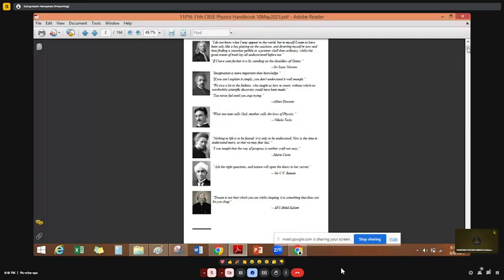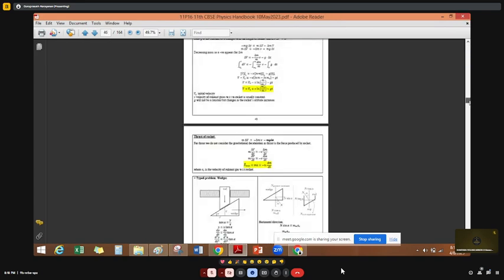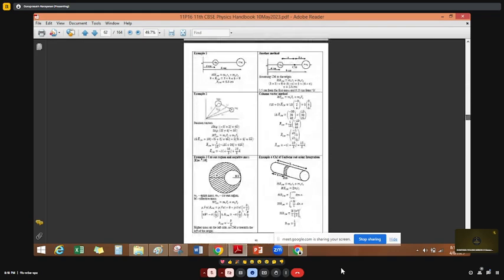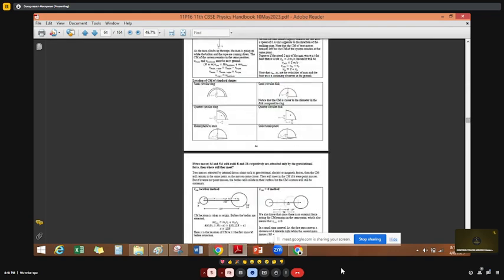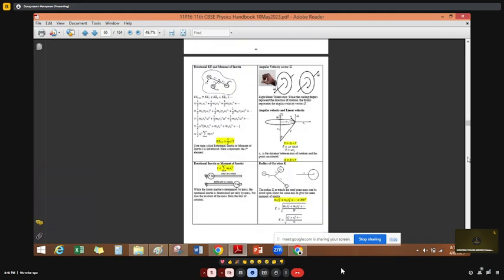So you should go to the rotation chapter. I have given some diagrams there to make it easy for you to understand. Yeah, this is what I'm talking about.